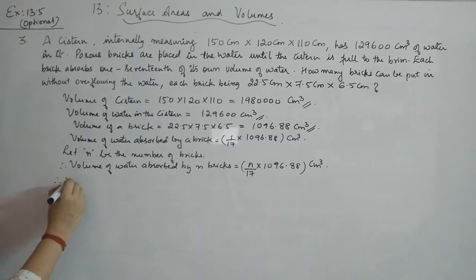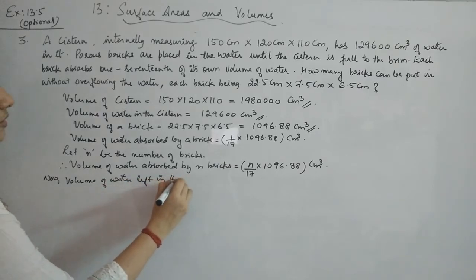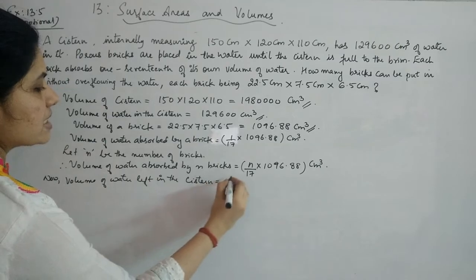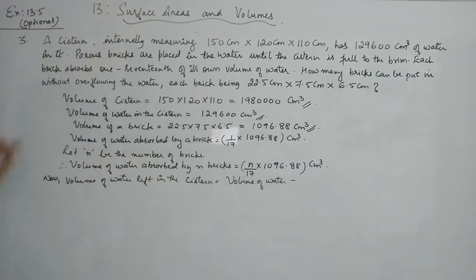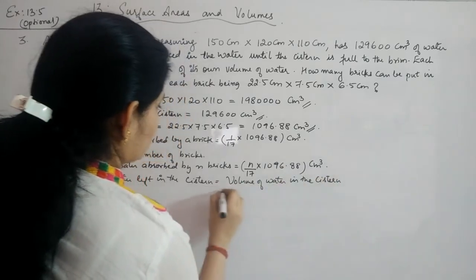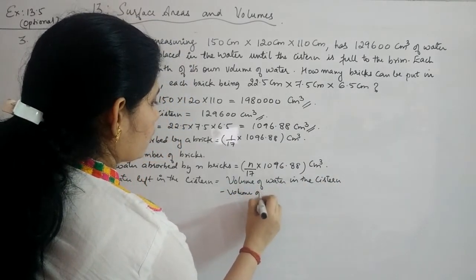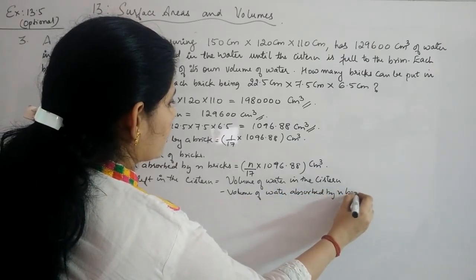So the volume of water left in the cistern will be the volume of water in the cistern minus the volume of water absorbed by n bricks.